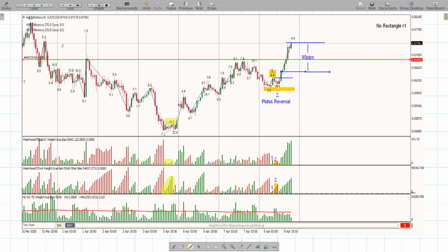There is no 38 all the way to the left on the up waves. Okay, so something is cooking here.